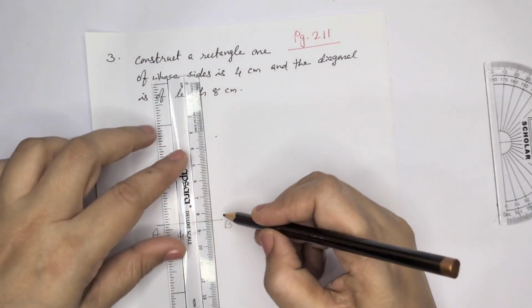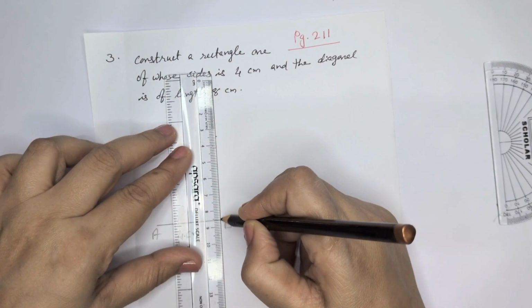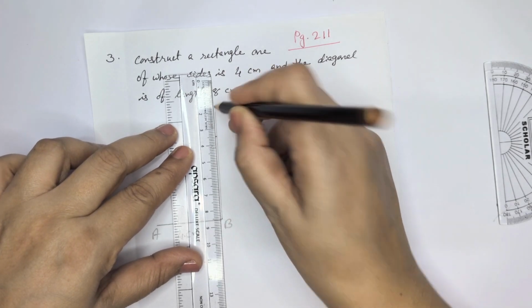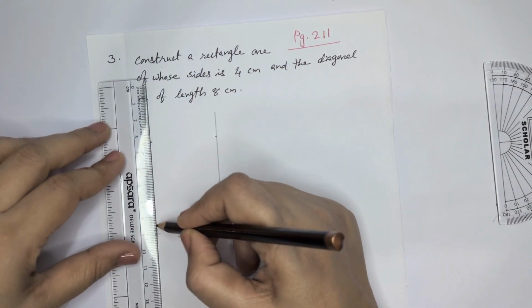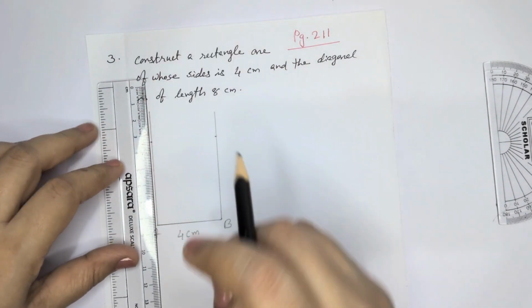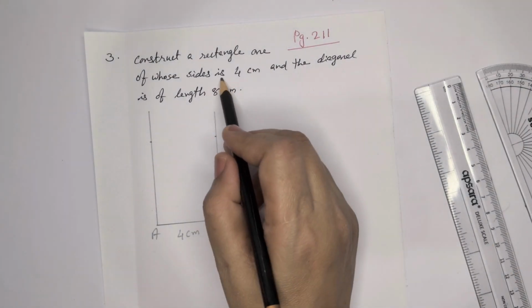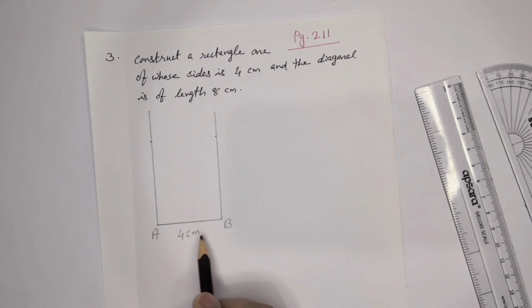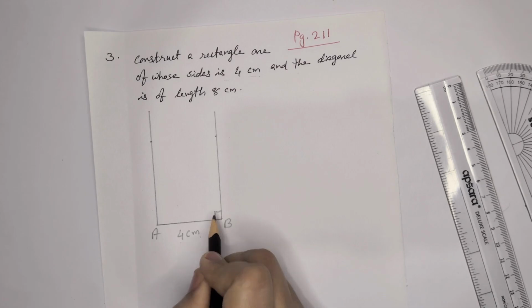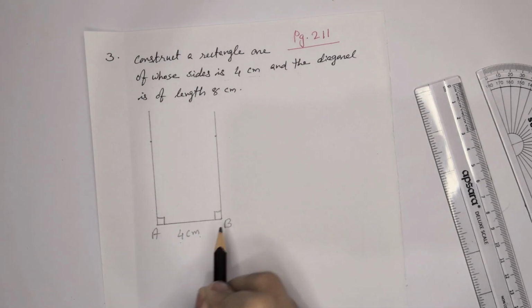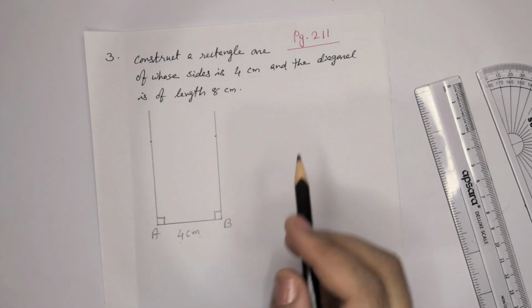We can join that. Here one of whose side is 4 centimeter, that we have already taken, and in rectangles all the angles are 90 degree. These two angles we mark as 90 degree.